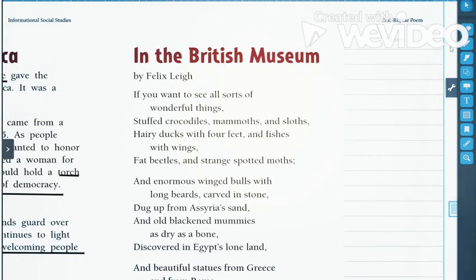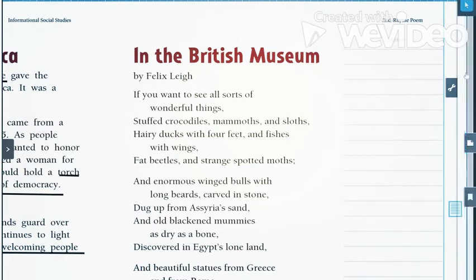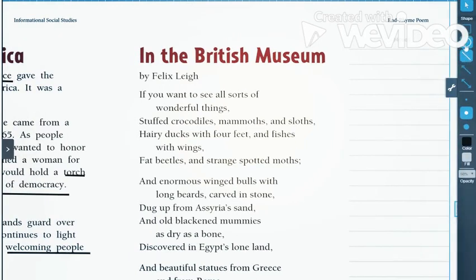So we're looking for rhymes at the end of the text, at the end of the line. And the formatting on this is a little bit confusing because it looks like the end of the line is right here with the of, but actually if you see it, it comes down here and it's at the word things. So looking at the last word things, can you find another word in this text that rhymes with things? Well, if you read down carefully, it says hairy ducks with 4 feet and fishes with wings.